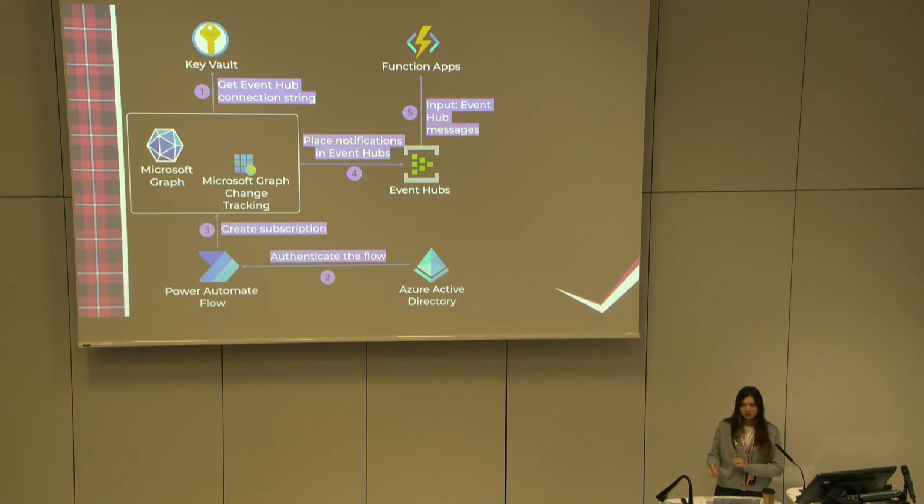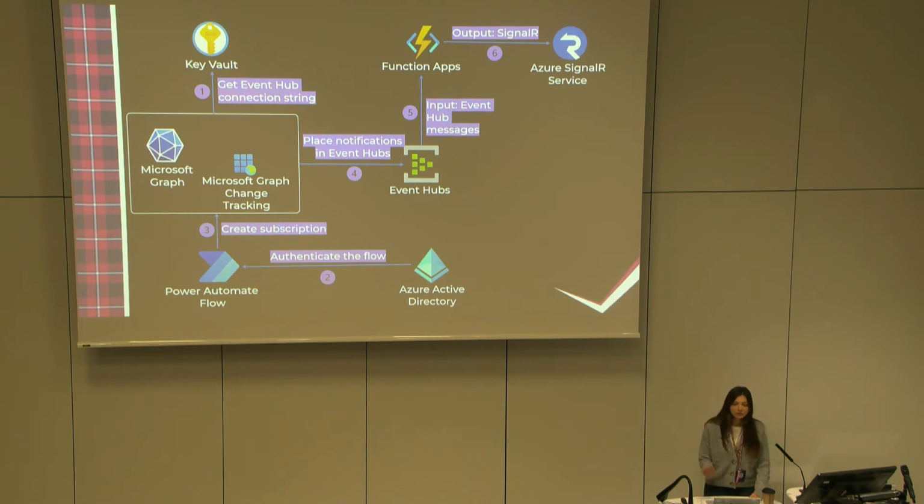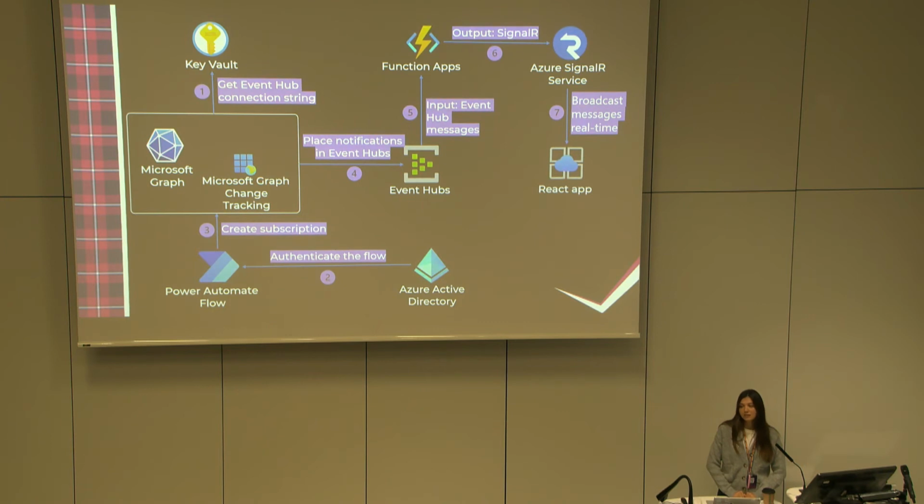That means when there's a notification, we will send it to Azure Functions, and we will define the output as SignalR. SignalR is the tool that we use for sending real-time information to our web applications. Whenever there's new information coming from Event Hub, it will directly go to SignalR, and SignalR will be broadcasting messages real-time to our app.